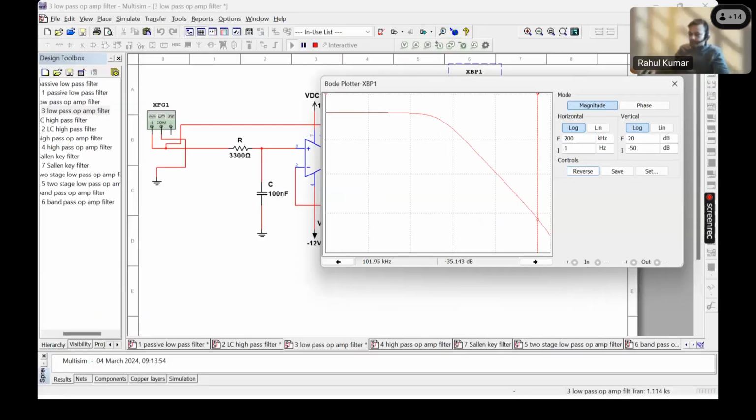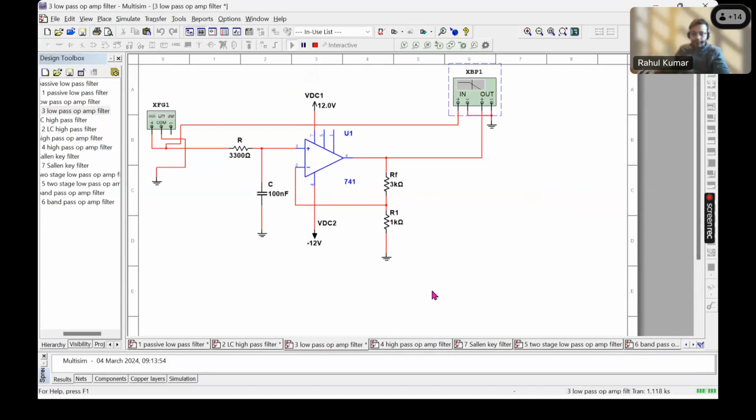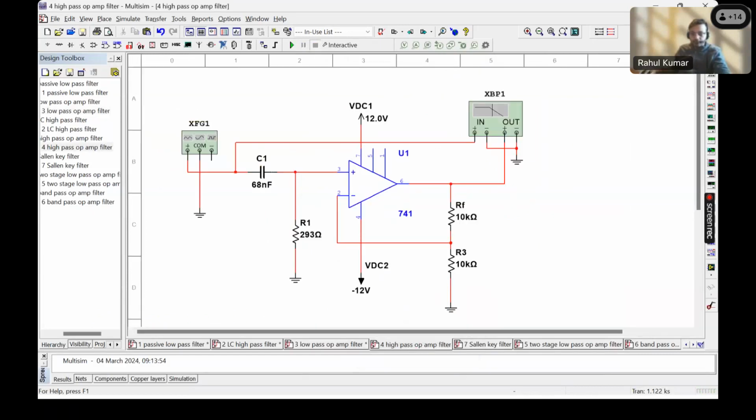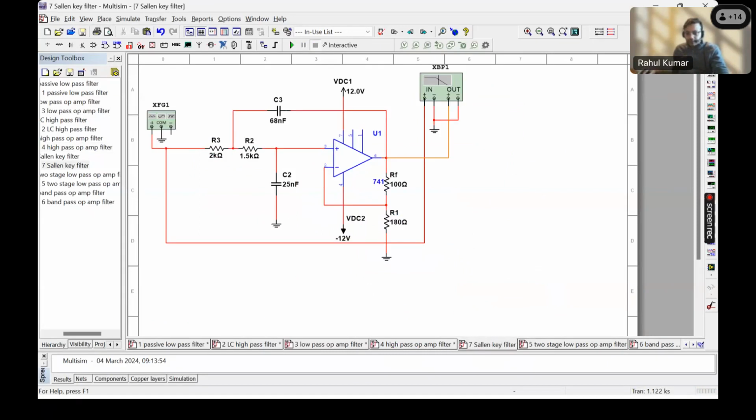Okay, so let's go to Multisim, and let's look at the next one. So this is your high pass filter, Sallen-Key. Let's have a look at this Sallen-Key filter.